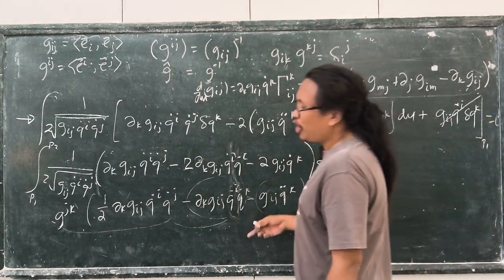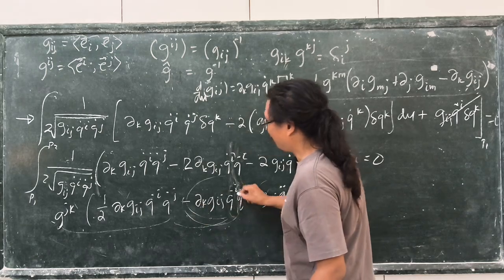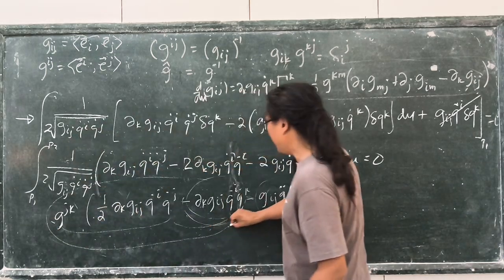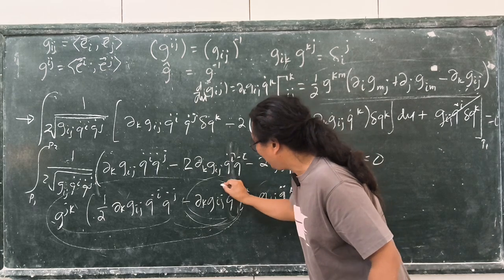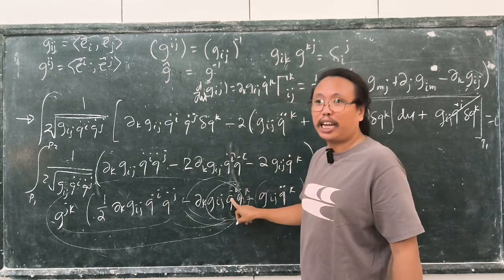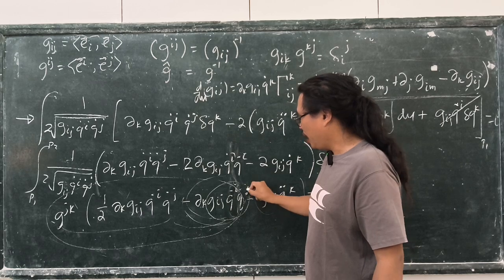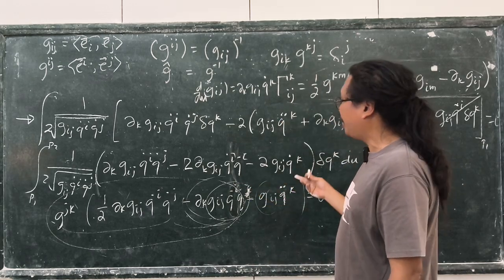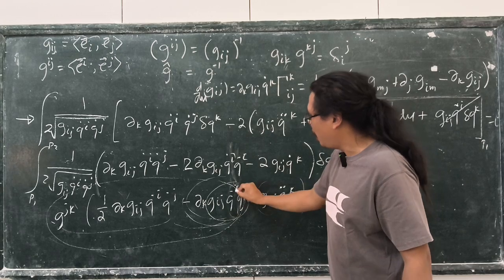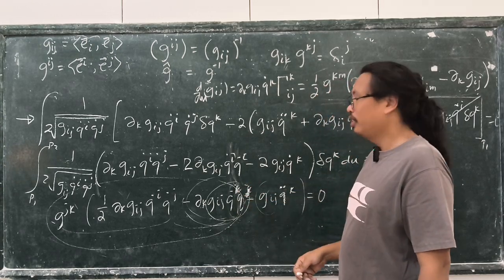Now, I will leave this to you as an exercise. With this definition, I can replace this. Take out the g_ij, q dot i, q dot j, or q dot k. Yes, q dot j. I think this is q dot k, q dot i, q dot j.